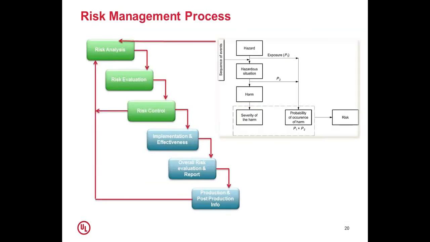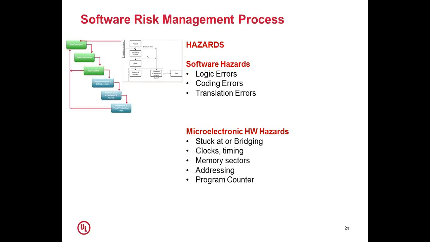So, in the risk management process, we have seen that the sequence of events, hazards and the hazardous situation are the inputs to the risk analysis, and the risk analysis further goes on to the risk evaluation and risk control. In the software risk management process, you can see software hazards like logic errors, coding errors, translation errors.